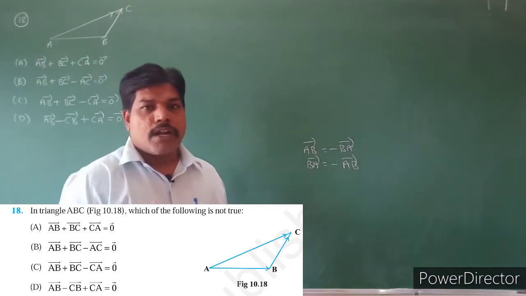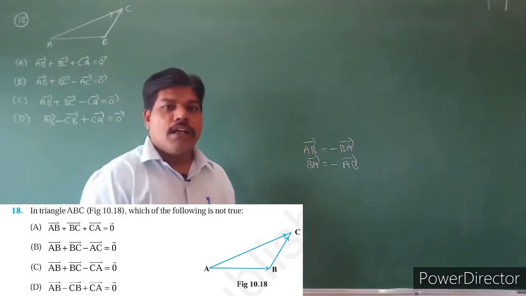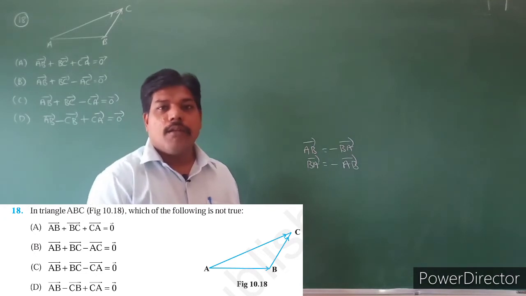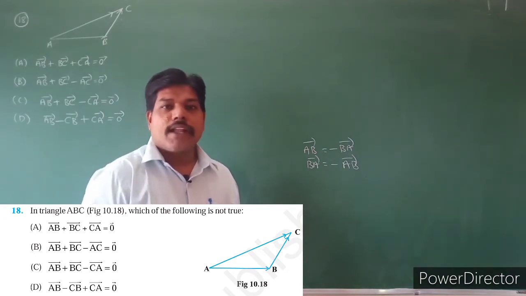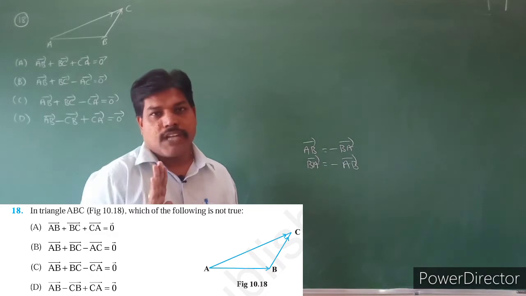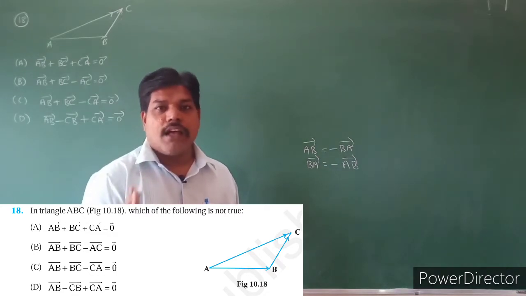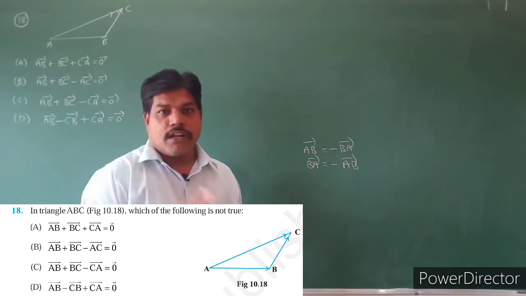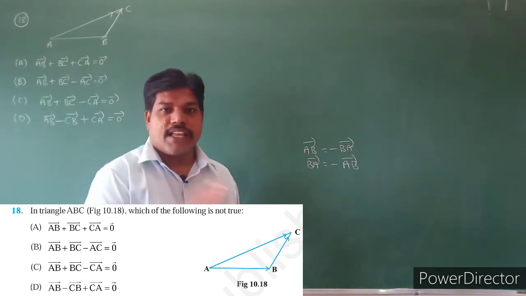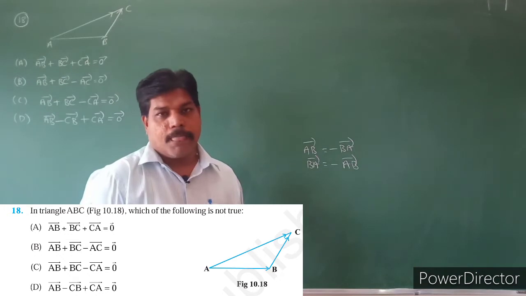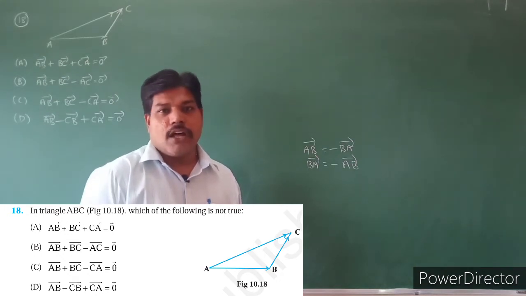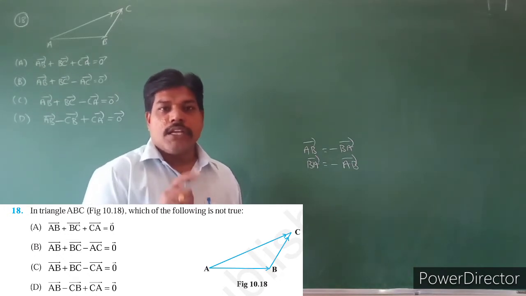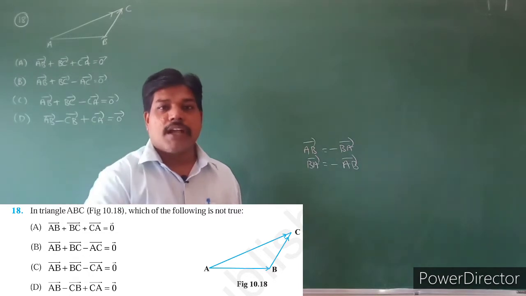I have already told that if you take the sides of the triangle in order, automatically the sum will become 0. If you take the order AB, BC, CA, the sum will become 0. And also we know the triangle of vectors: AB plus BC will become AC.